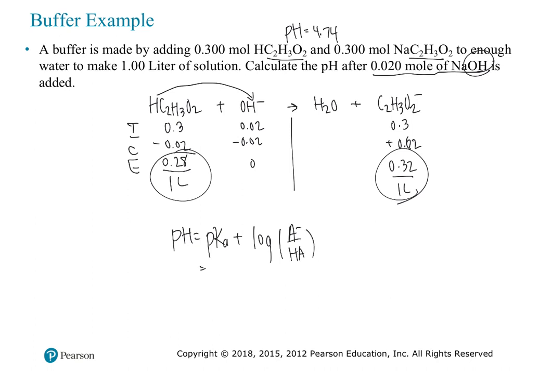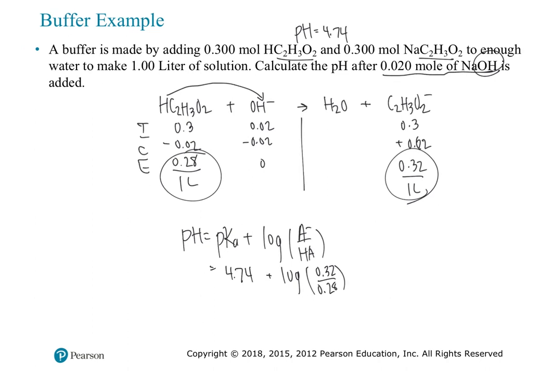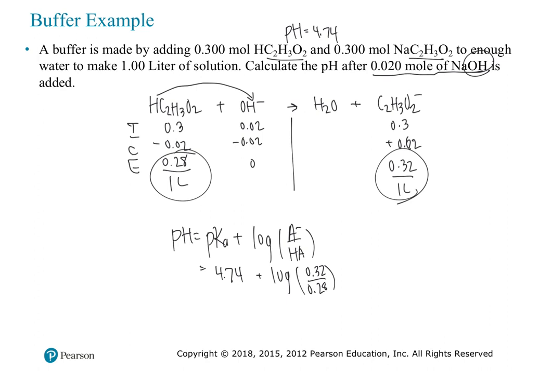So pKa is 4.74 plus log of my base, 0.32, over my acid, 0.28. And I can see that my pH went up a little bit. It went up to 4.80. So a tiny bit up, and I added a significant amount of moles of hydroxide, and my pH didn't change very much, so that's pretty cool.